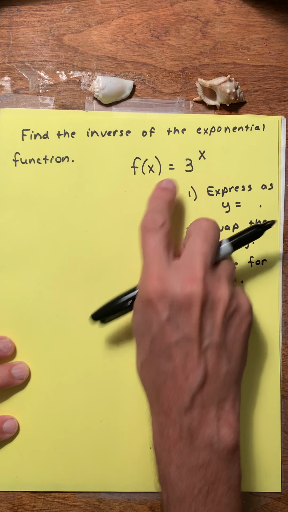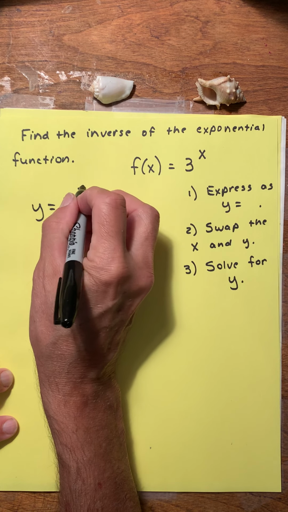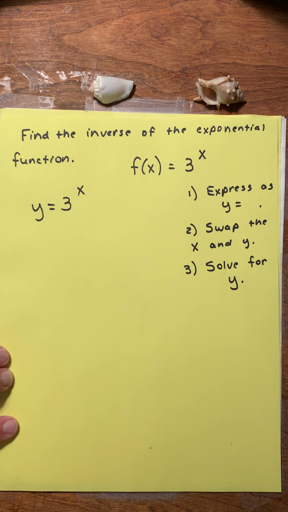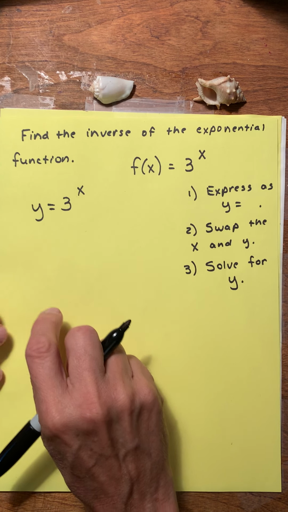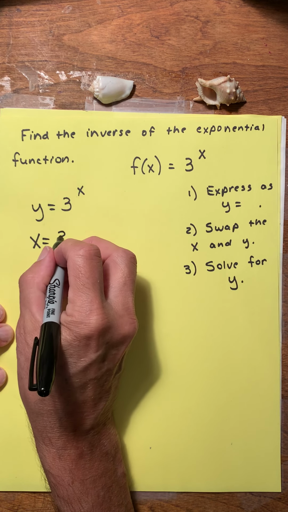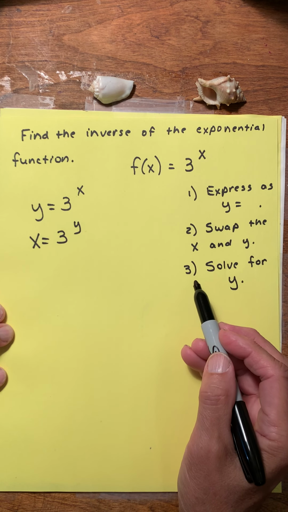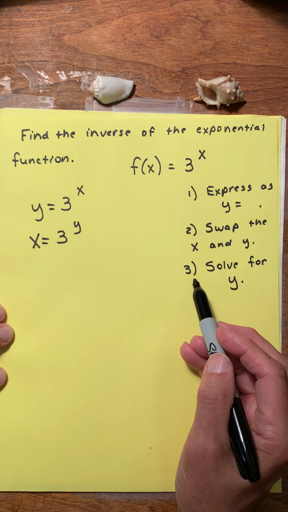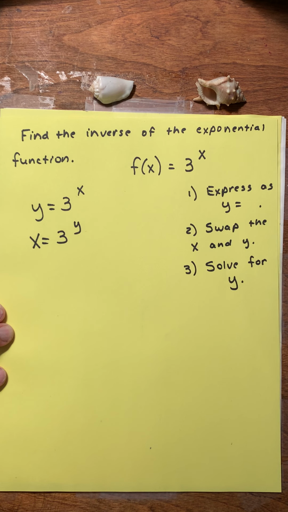So instead of f of x equals 3 to the x, y equals 3 to the x. All right, that's step 1. Step 2 is to interchange the x and the y. So now I get x is 3 to the y power. Step 3 is where I run into some problems. Step 3 says solve that equation for y.